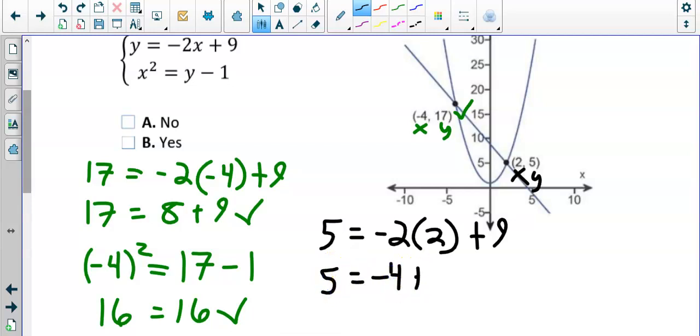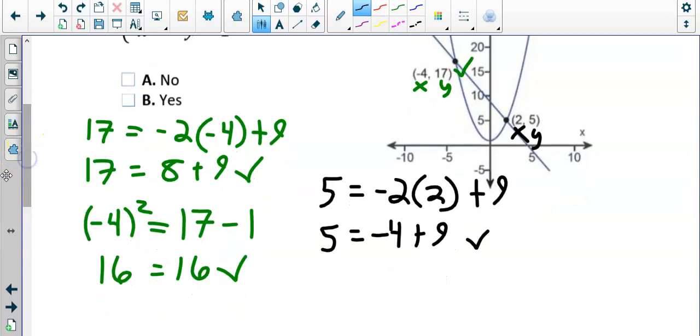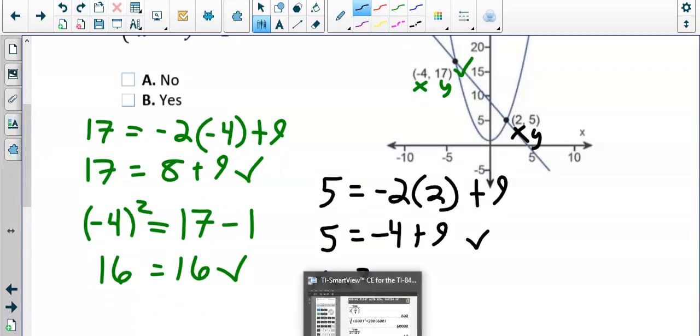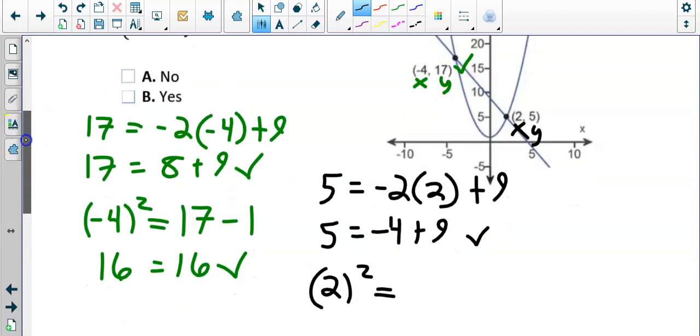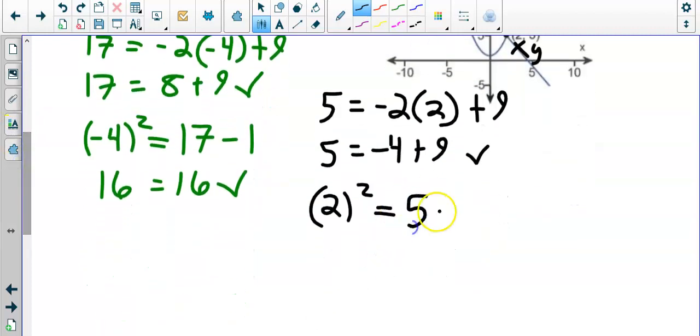What's negative 4 plus 9? Is that 5? So far, so good. Now we check the last one. So we've got 2 squared equal to 5 minus 1. What's 2 squared? What's 5 minus 1? Did it check out?